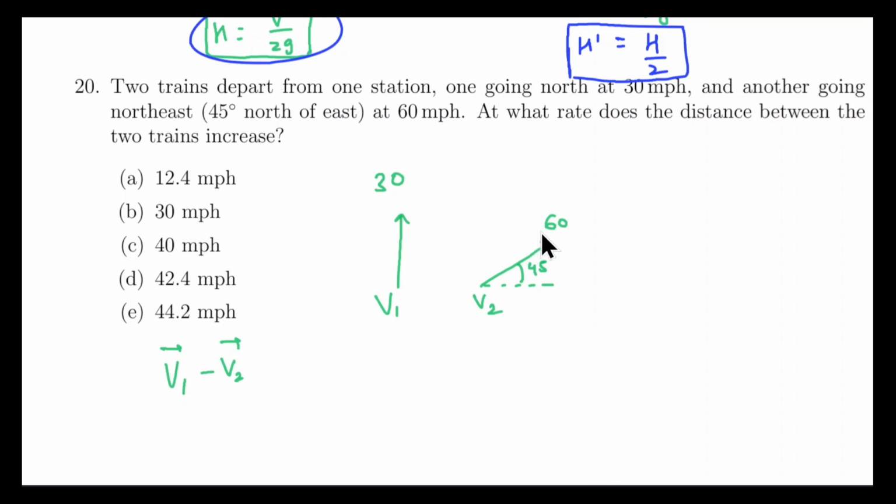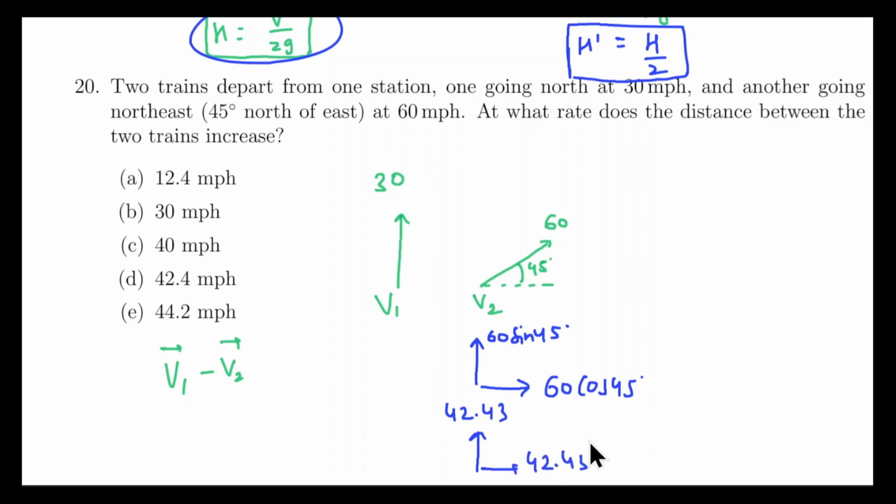First, I would like to make the components of this velocity because this is at an angle. So the horizontal component will be 60 cosine of 45 degrees and 60 sine of 45 degrees, right? So these numbers are around 42.43, so 42.43 upward and 42.43 to the right.